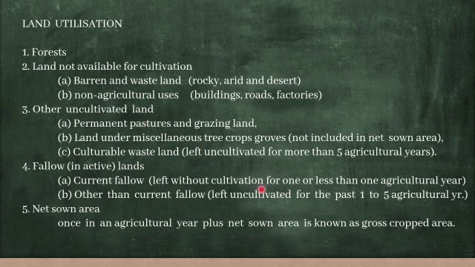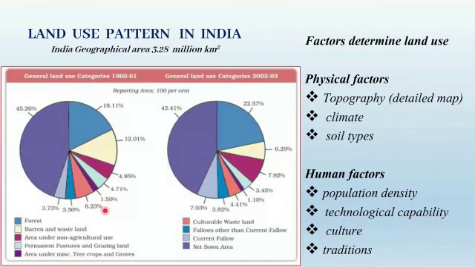If left uncultivated for less than 1 year, it is called current fallow. If left uncultivated for 1 to 5 years, it is listed as other than current fallow. If left uncultivated for more than 5 years, then we call it culturable wasteland. Last one is net sown area.